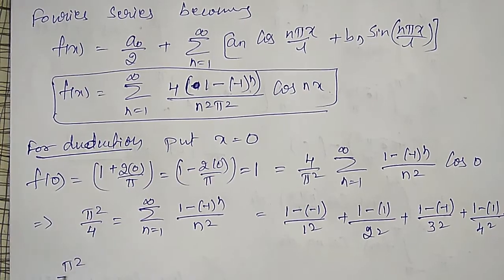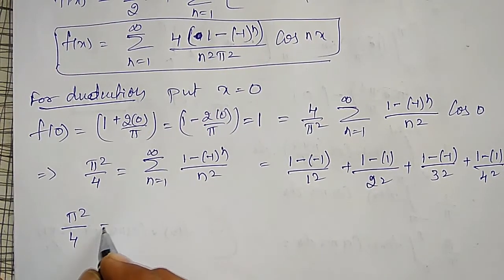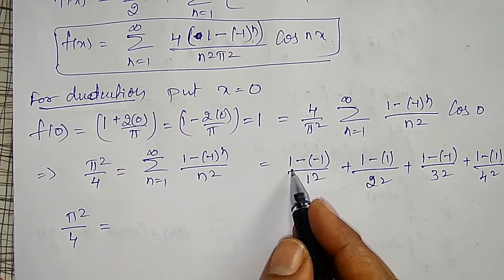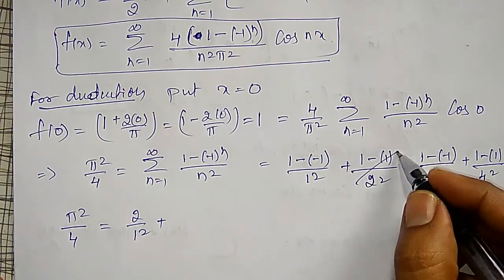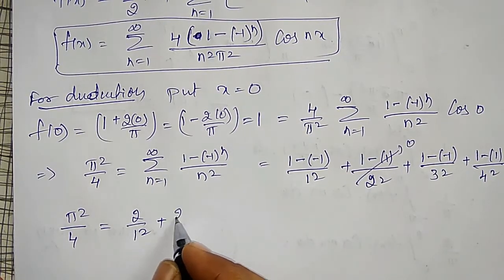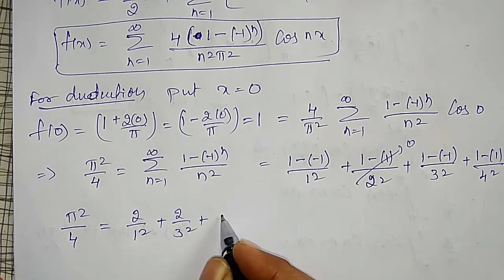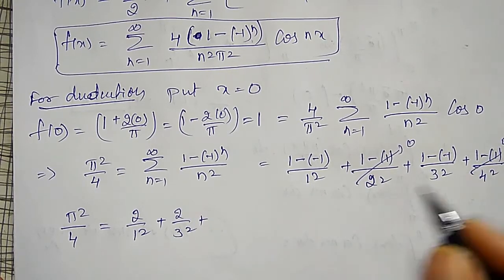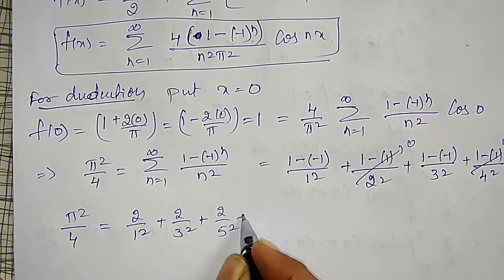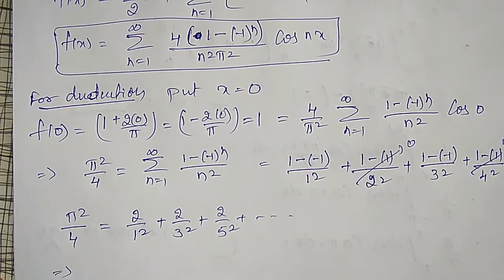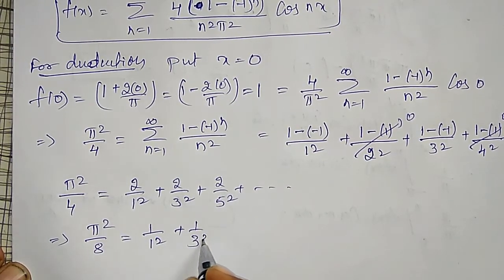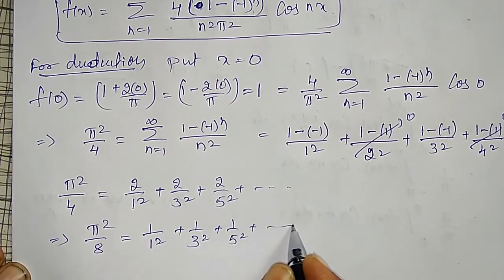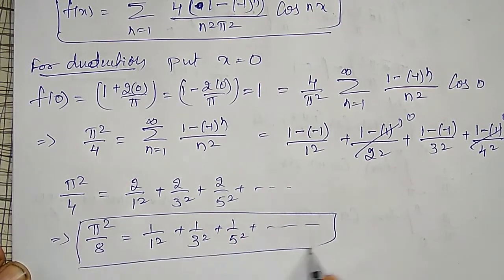Therefore, pi square divided by 4 is equal to 2 divided by 1 square, plus this will become 0, this will become 2 divided by 3 square, plus this is 0 again, next 2 divided by 5 square plus so on. 2 is taken common and shifted to the other side, it will become pi square divided by 8 equal to 1 by 1 square plus 1 by 3 square plus 1 by 5 square plus so on. This is the required deduction.